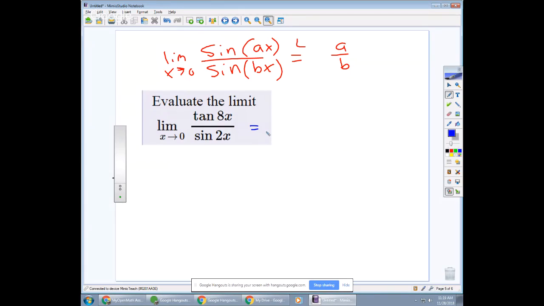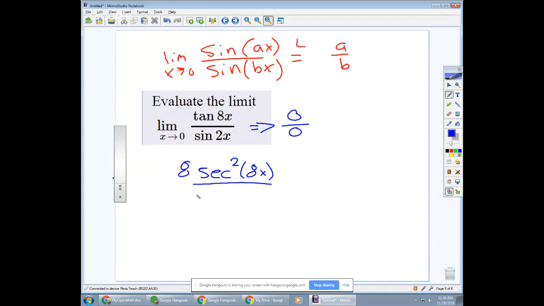Okay, let's see. If I cheat and plug in 0, tangent of 0 is 0. This is 0 over 0. Okay, so that means I can apply L'Hopital's rule. Now, it doesn't make sense to say it equals 0 over 0 because 0 over 0 isn't really a thing, but it looks like it's the right form. The derivative of tangent is secant squared, positive secant squared of 8x, times 8.